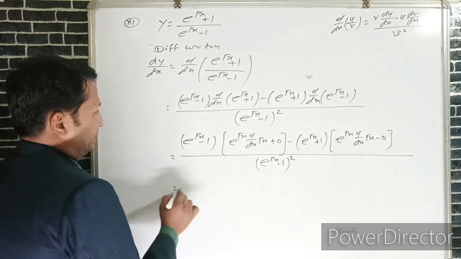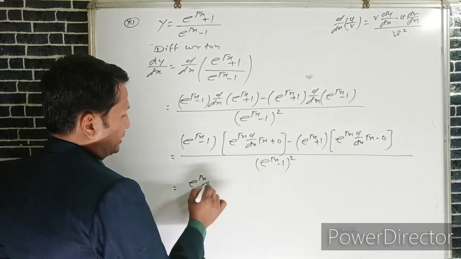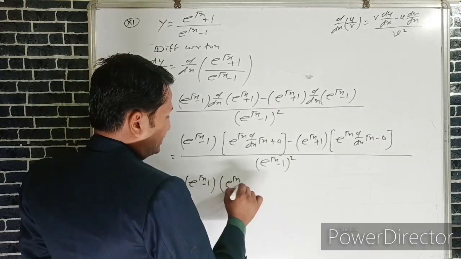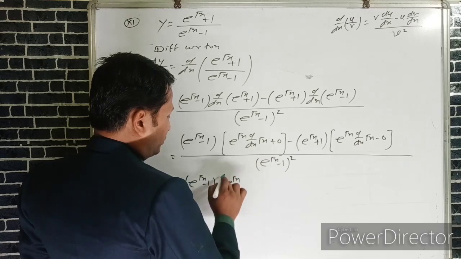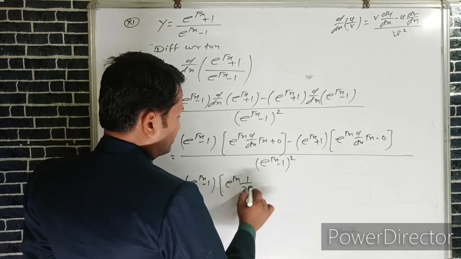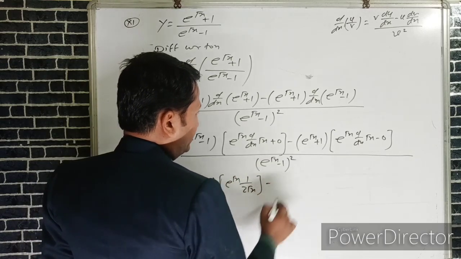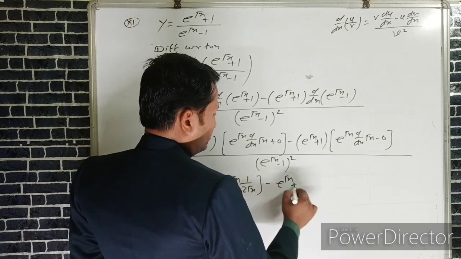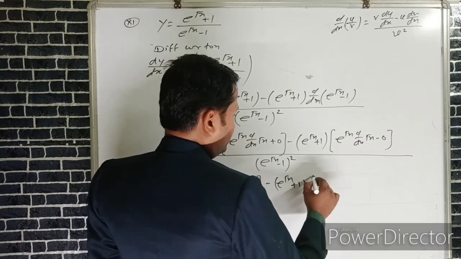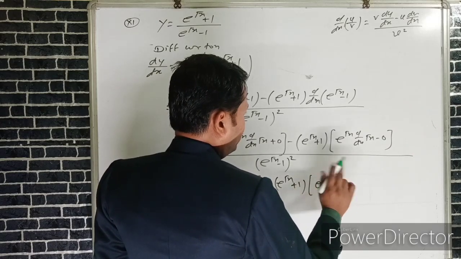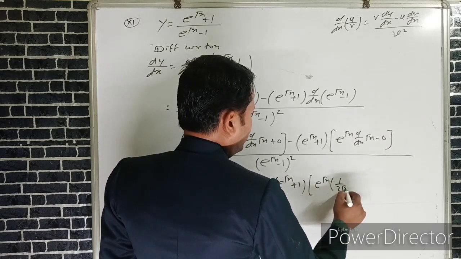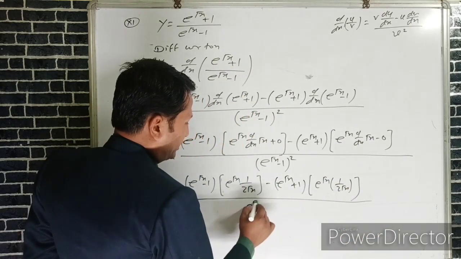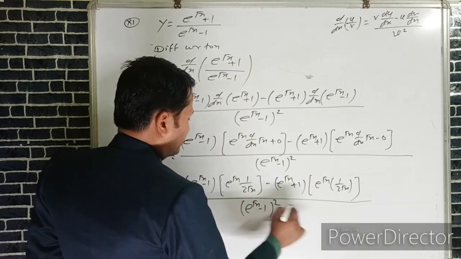Hence we can write it e to the power root x minus 1 as it is, e to the power root x as it is, and the derivative of root x is 1 upon 2 root x, minus e to the power root x plus 1, e to the power root x into derivative of root x is 1 upon 2 root x, upon e to the power root x minus 1 whole bracket square.